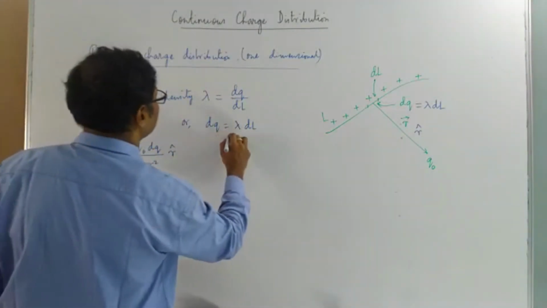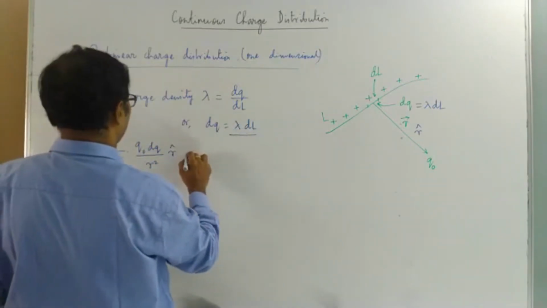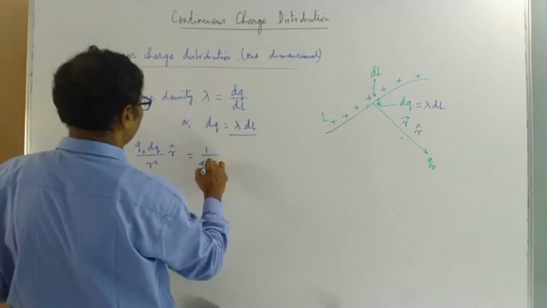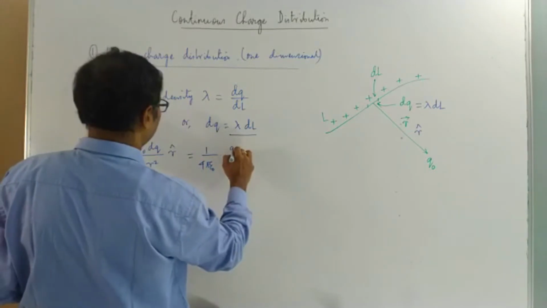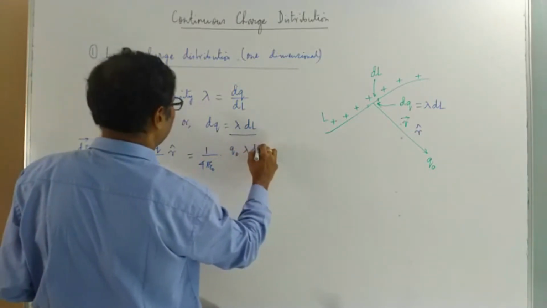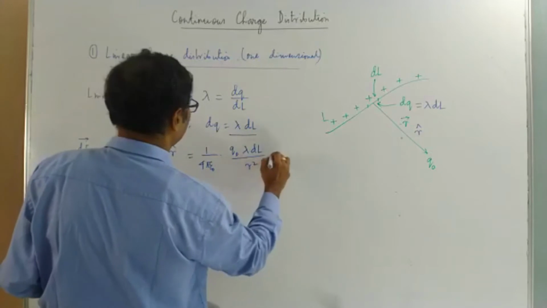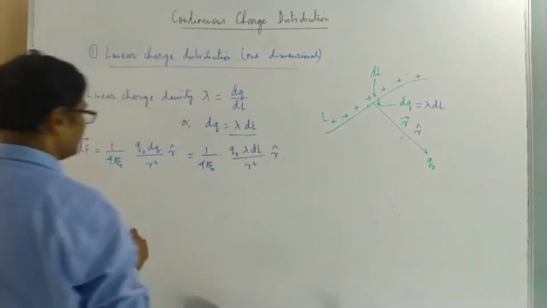I can substitute this value. So I have 1 by 4 pi epsilon 0 q0 into lambda dl by r square into r cap.